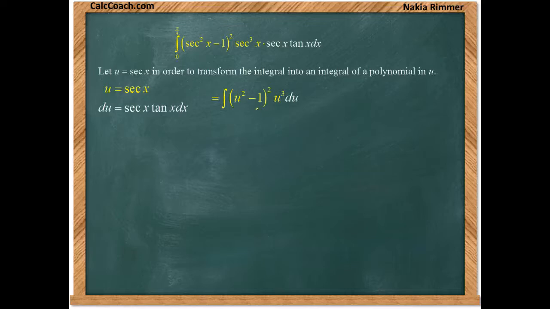So multiply it out. Now distribute the U cubed across. And what we have is U to the 7th minus 2U to the 5th plus U cubed.